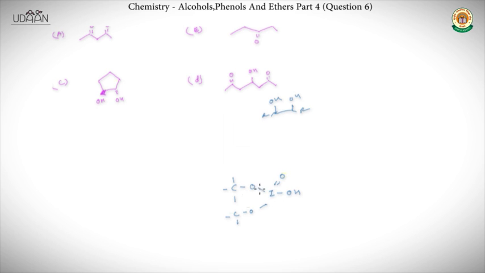Between C, O, I, O, C. And then after formation of this compound, this bond breaks and 1 electron is shifted over here, 1 electron goes here. And this bond breaks, 1 electron goes over here, 1 goes over here, 1 goes over here, and 1 goes over here.